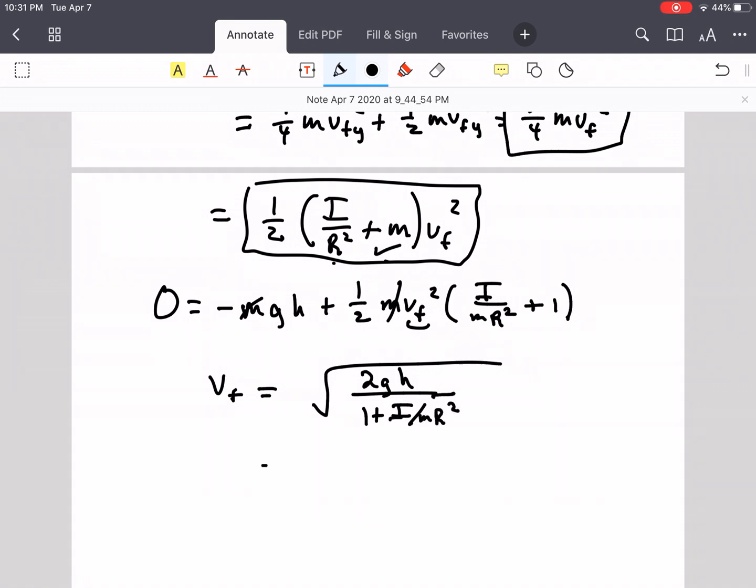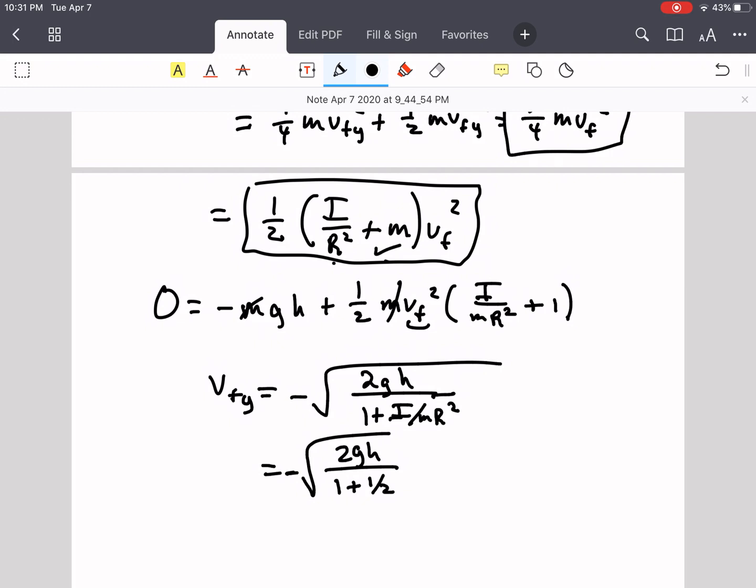For our particular problem, this is the square root of 2gh divided by 1 plus 1/2. And if I want the y component, that's just downward. So the particular velocity is negative instead of positive.